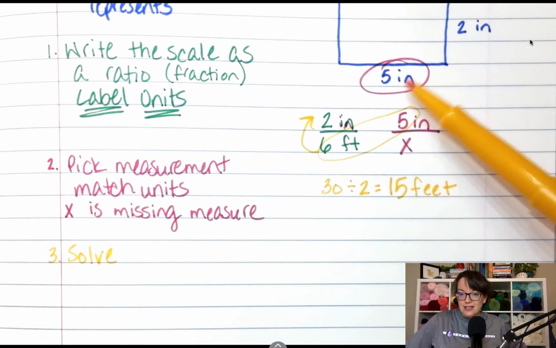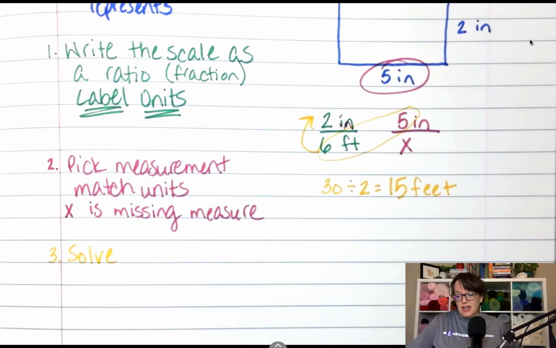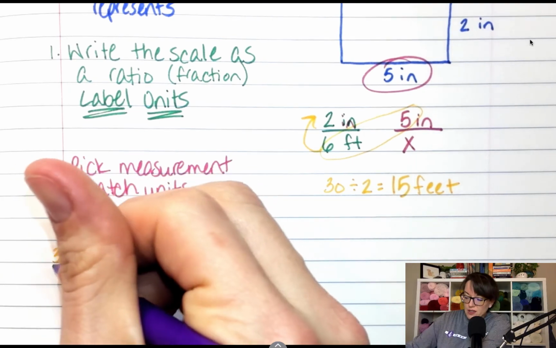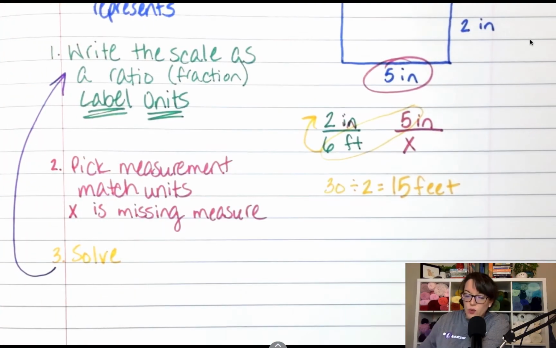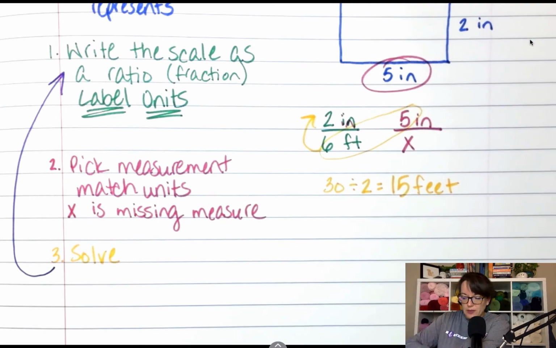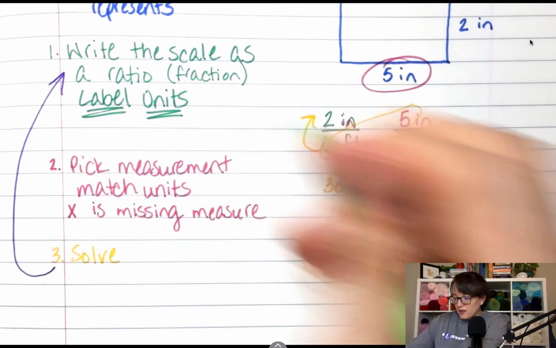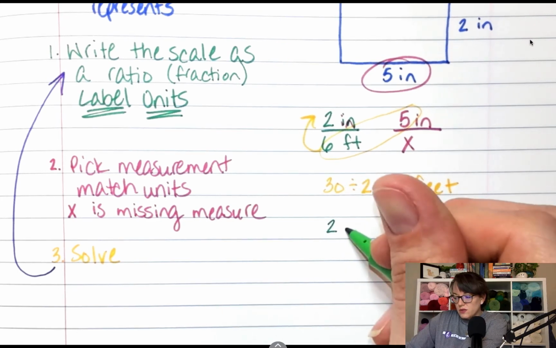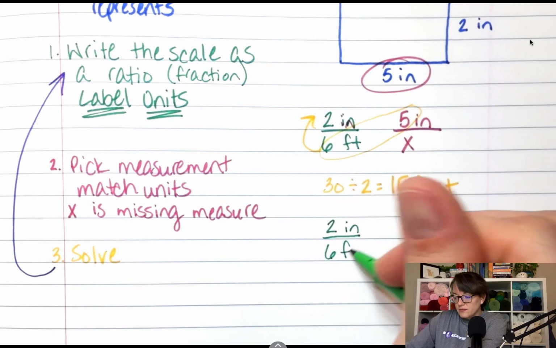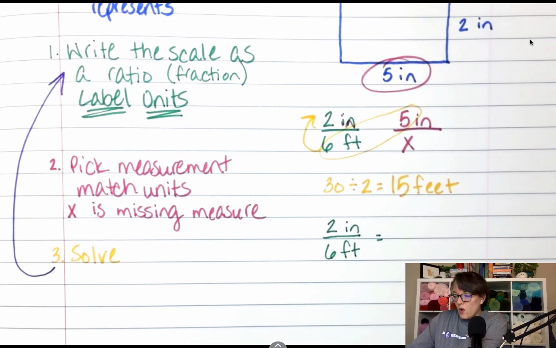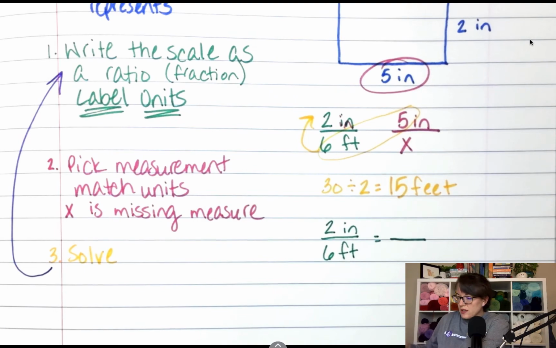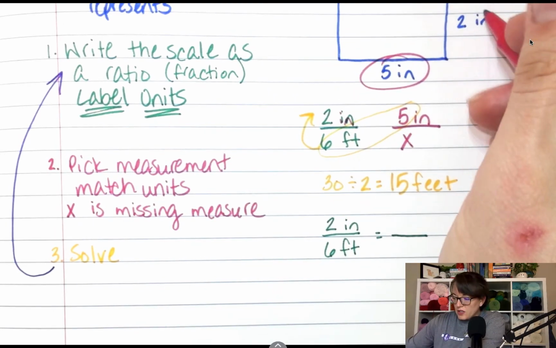Now, I only did this side. Now I need to do this side. So once you get to step 3, if there are other measurements, you go back to the top and repeat with the other measurement. So I write my scale. How am I going to write my scale? 2 inches over 6 feet. Now, what number is going to go on top here? 2 inches, because I already used 5, so now I'm using 2.